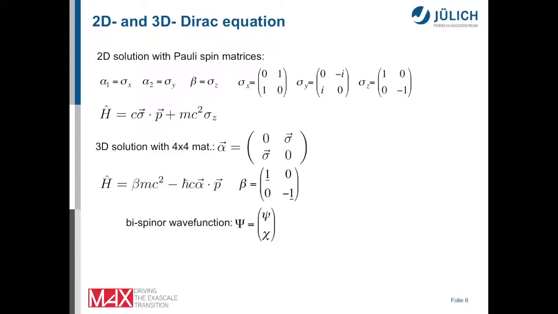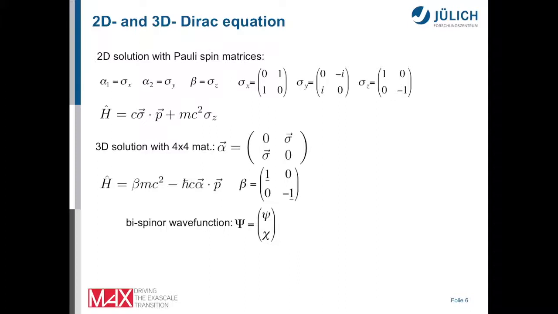And the wave function is now also 4-component, of course, and typically written as a large and a small component. And the large and the small component each have a spin up and spin down part, to make in total a 4-component wave function.